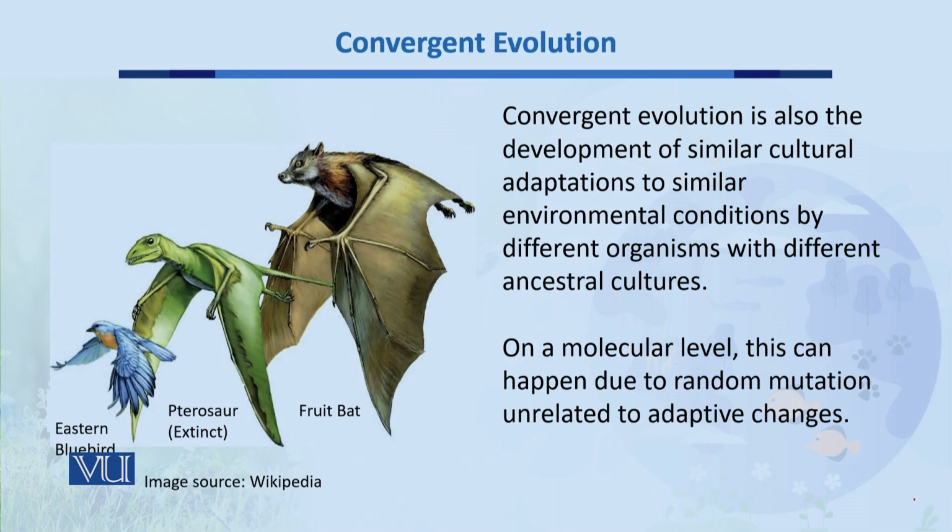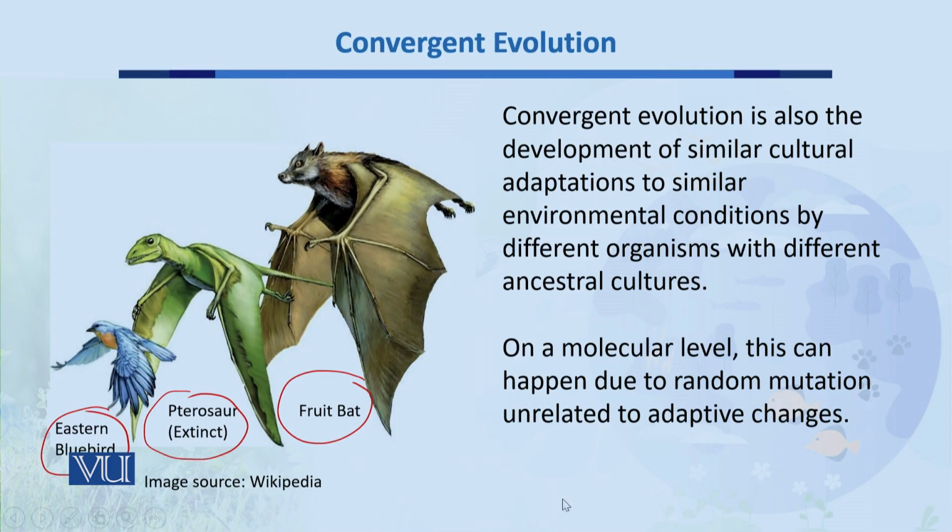Now, in this example, we see the fruit bat, which belongs to the mammals, and the pterosaurs, which are extinct now, and the bluebird, just like other birds, which has feathers to adapt to the aerial environment and aerial habitats.